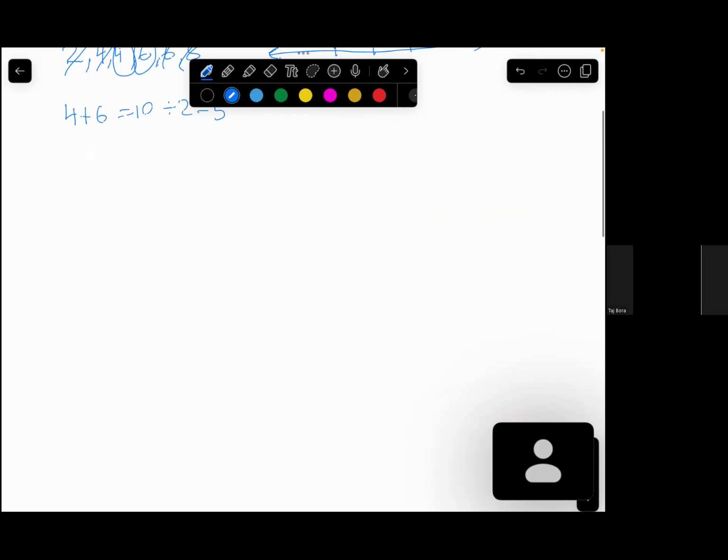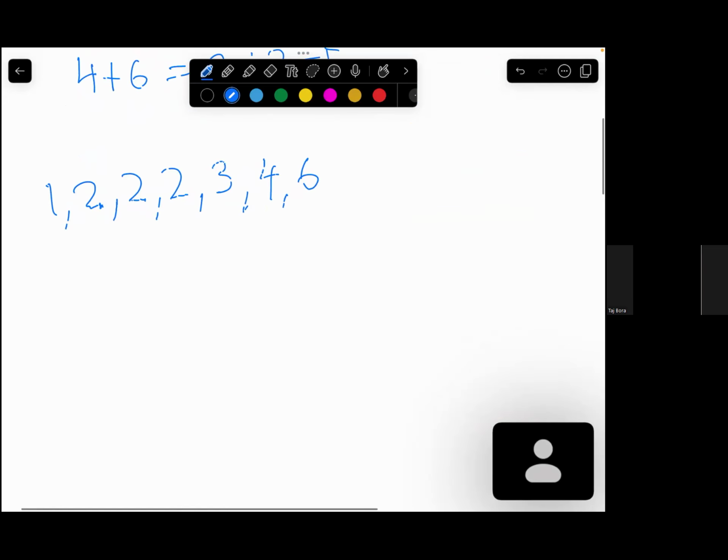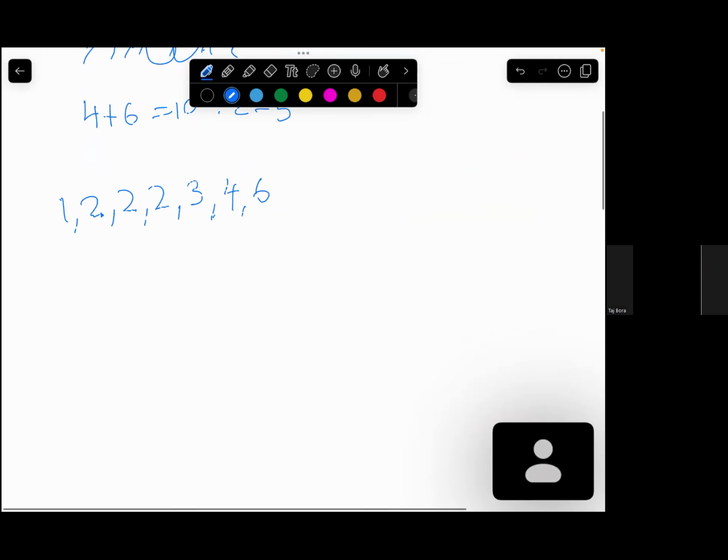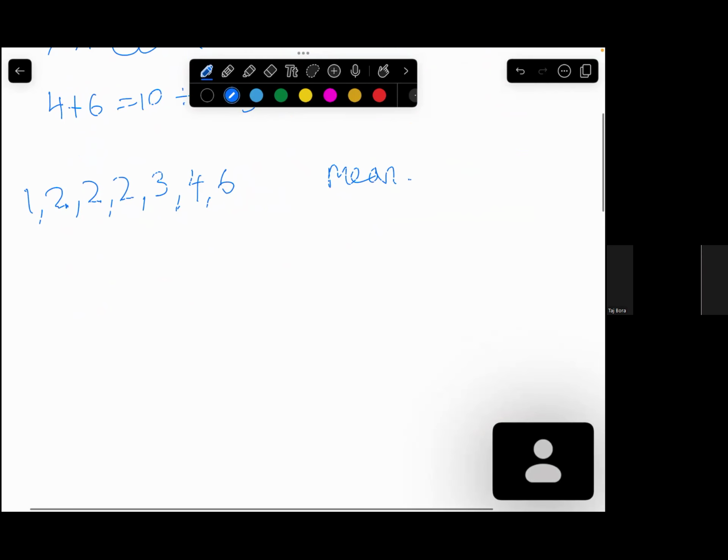So say we have the data set 1, 2, 1, 2, 2, 2, 3, 4, 6. Okay? We want to figure out the mean. The mean means add all the numbers and then divide.